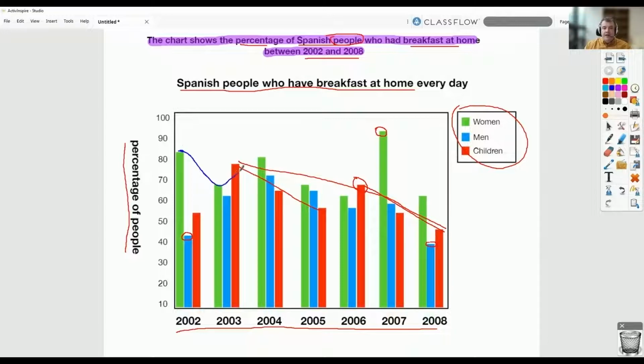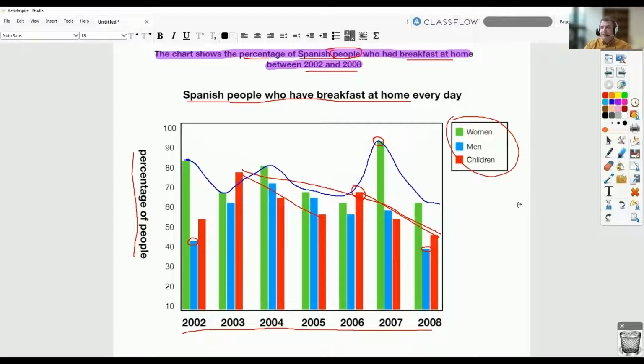It goes down, it goes up, it goes down, it goes right up, it goes back down again. So we have a clear fluctuation. Fluctuation means, if you remember from the previous chapter on language, fluctuate is when things change, they go up and down.